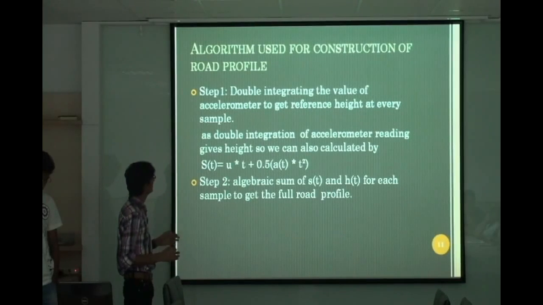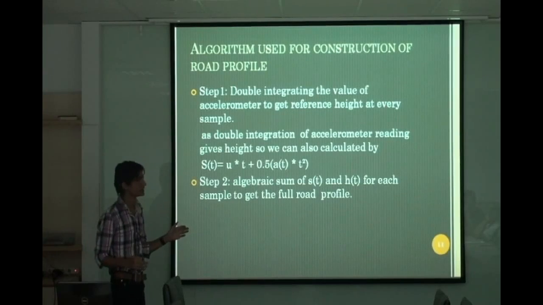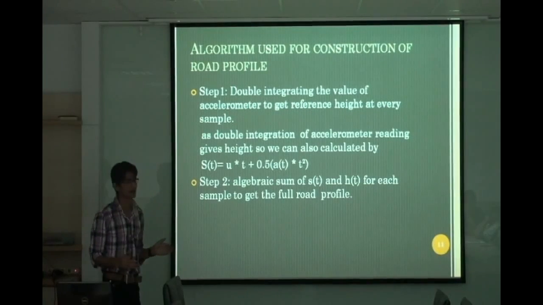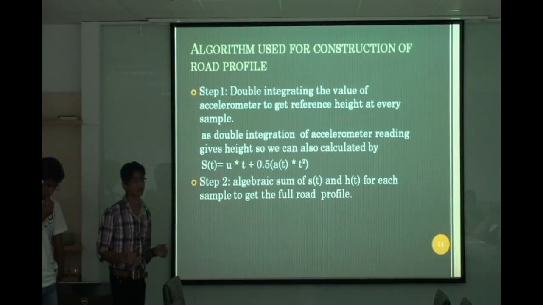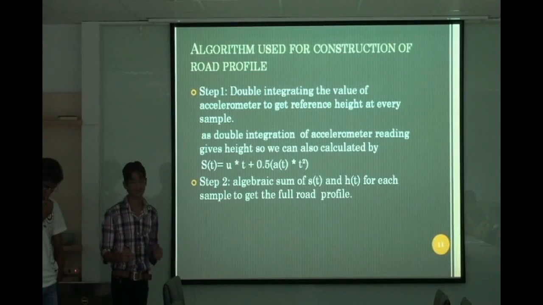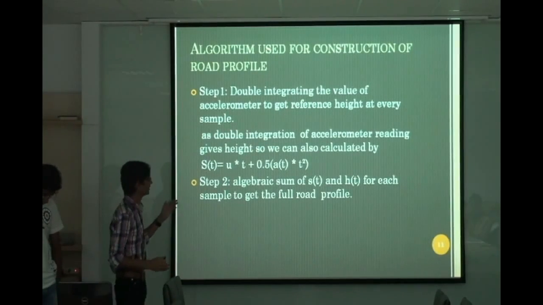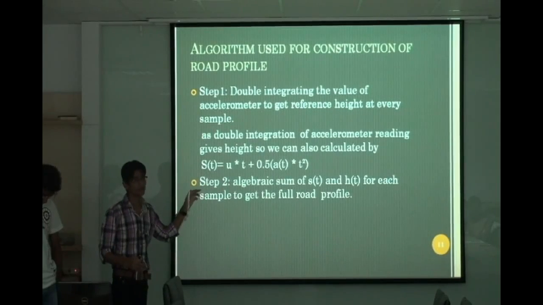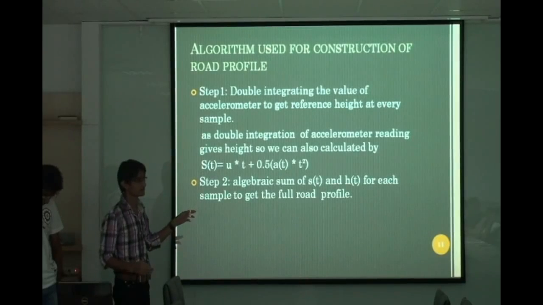In analogy with this, we have applied the formula s = ut + half at squared. This is the mechanics formula we used for uniform acceleration. We came to this formula because we are getting the accelerometer reading at a particular time, and we are using this particular time accelerometer reading in this formula to get the distance.